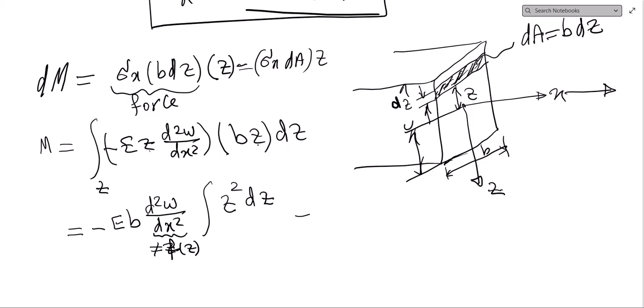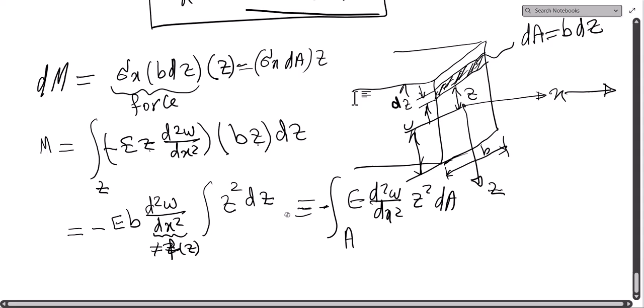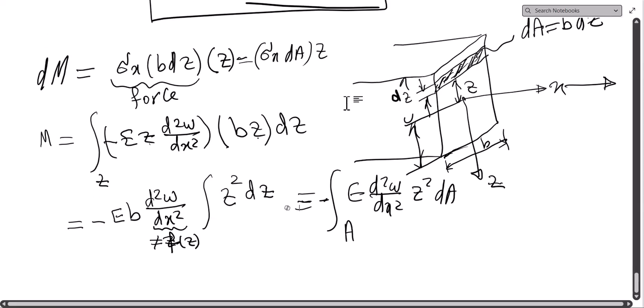So basically this can be equivalent to the integral over A of minus E d2w/dx2 z squared dA. It doesn't matter, but we are more specific in terms of our example here. Let's move on with this integral.